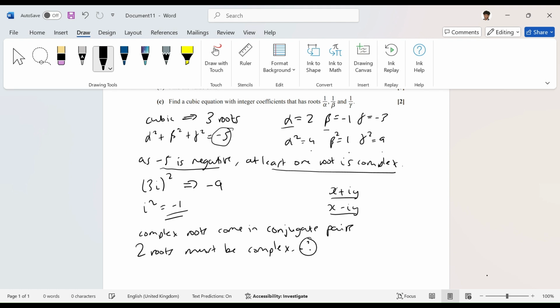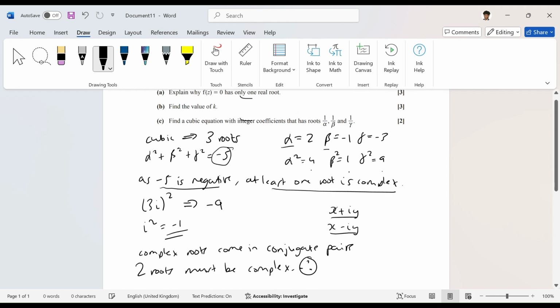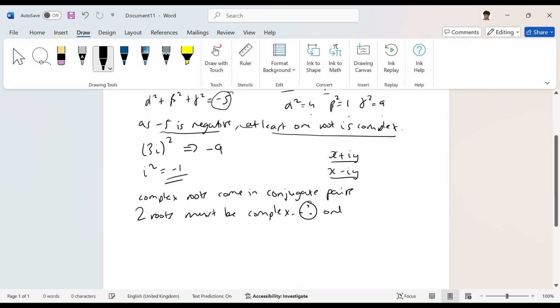And therefore, so this sign means therefore, this triangle of dots, only 1 root, that's probably better, because that's what it says in the question up here, only 1. Therefore, only 1 root is real, as there are 3 roots in total.